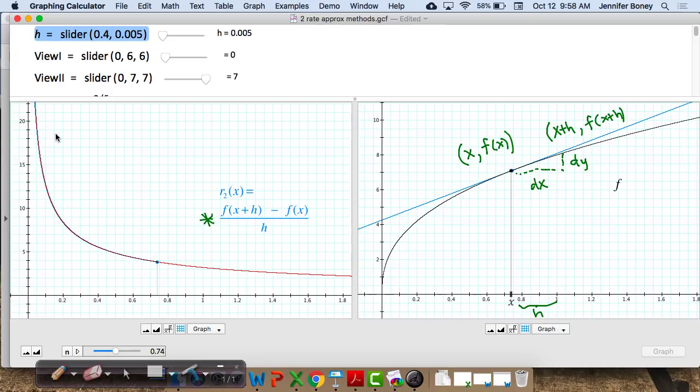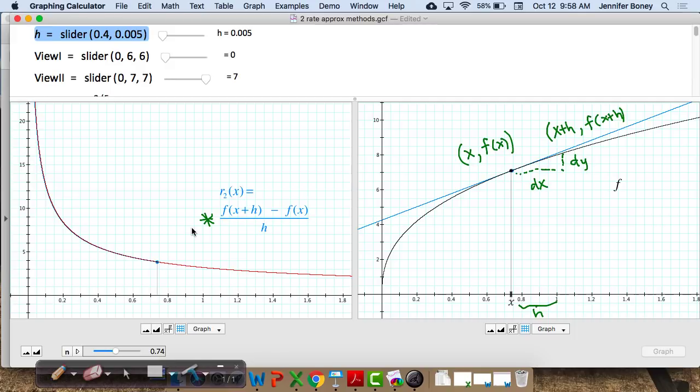So the values with an h value of 5 thousandths versus an h value of 5 billionths are not going to be noticeably different. It just depends on what level of accuracy you need. But you can imagine, and we're going to talk about this algebraically, h becoming essentially 0 and what patterns arise in the expressions that you get.